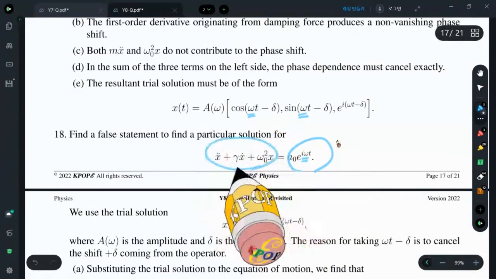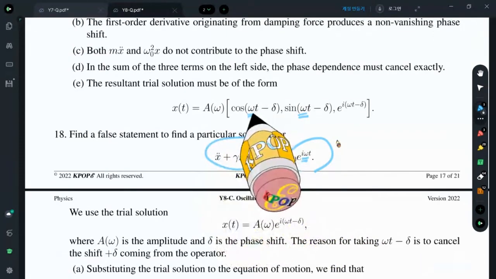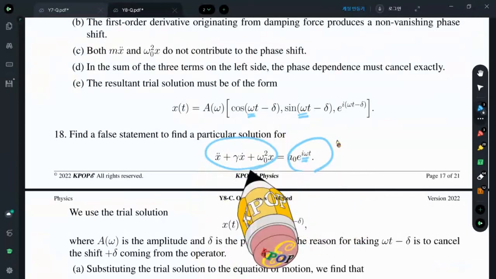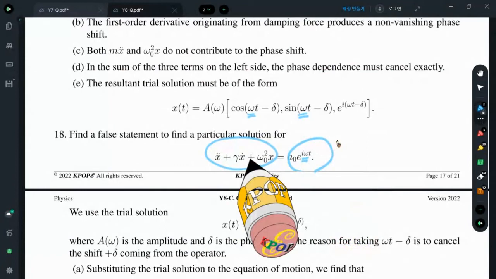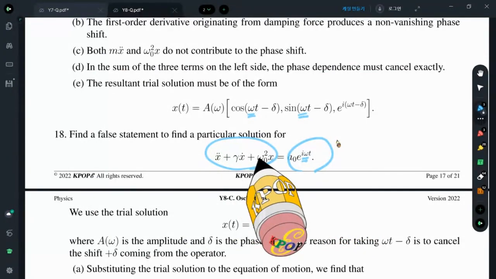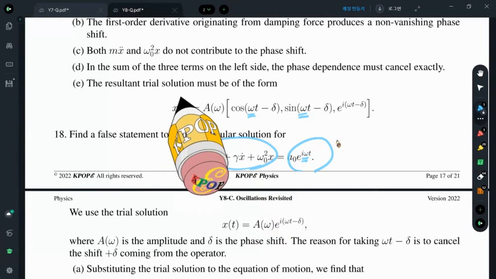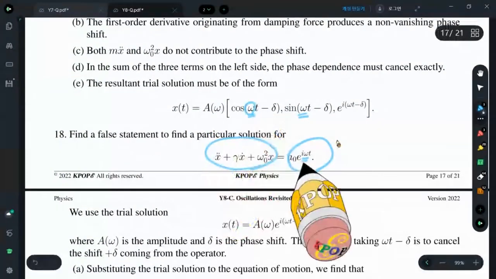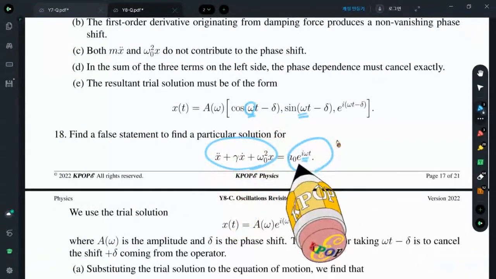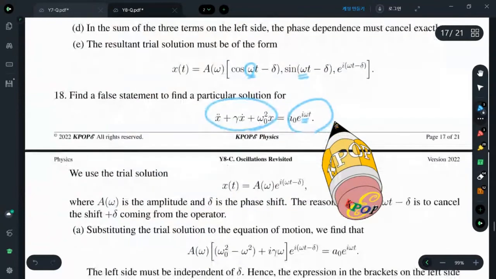What happens if I substitute the trial solution other than omega? Then left-hand side and right-hand side can never become identical to each other. Therefore, the particular solution must have the frequency identical to that of the driving frequency.